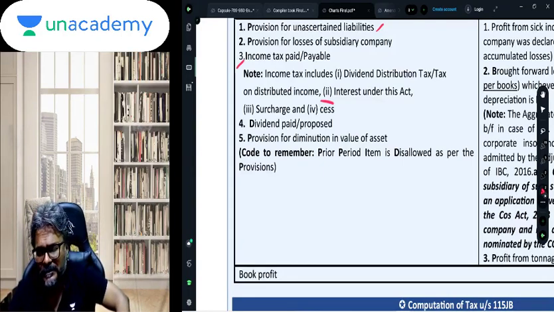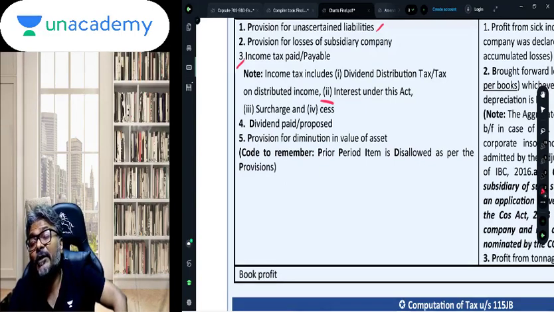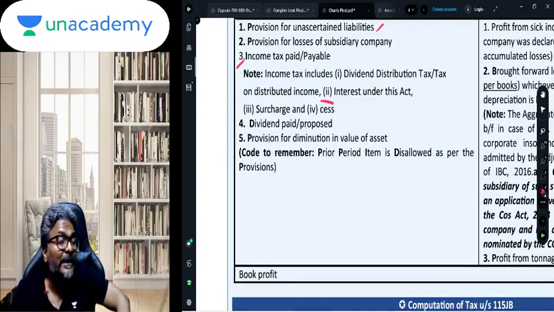That gratuity actually paid to the employee will not be allowed as a deduction in the current year. The deduction, if any, will be given to you only in the next year. So that is the difference between paying the gratuity directly to the employee versus paying it to the fund.